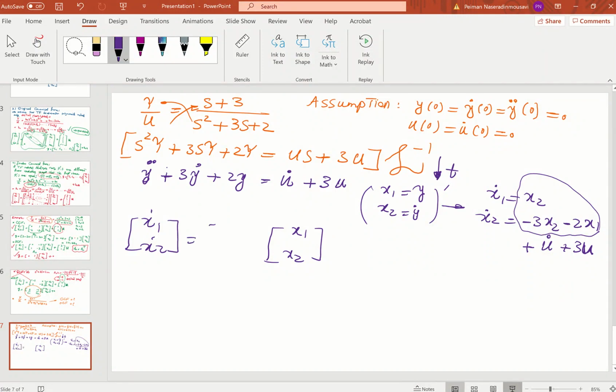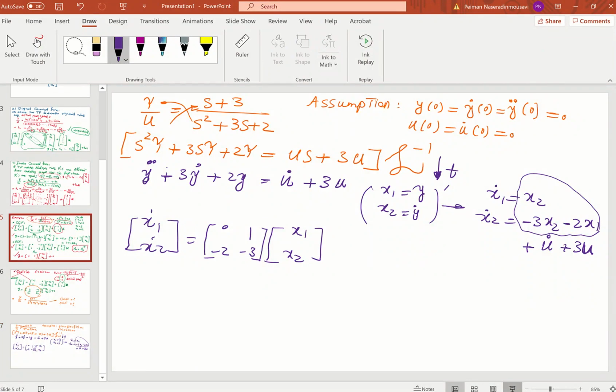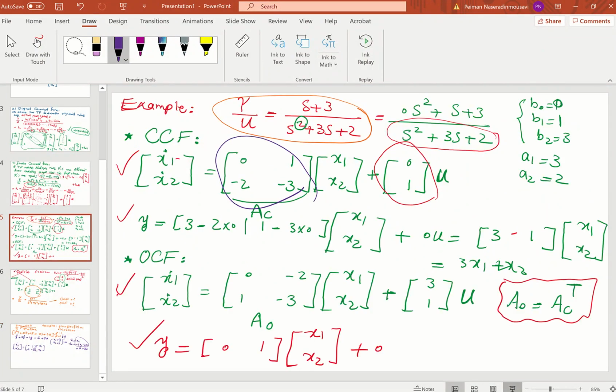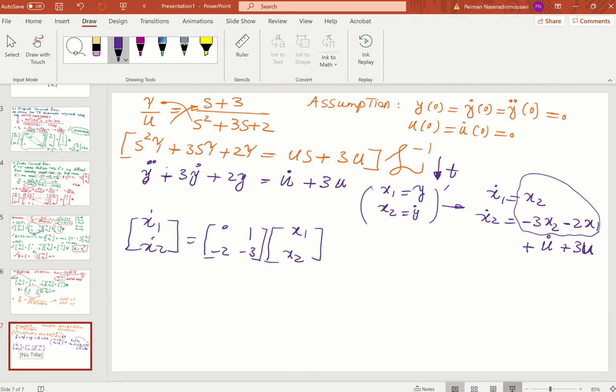See, x1, x2. So the first line is 0, 1. The second line is minus 2, minus 3. This part gives you this. Now let us look at our example. This is the controllable canonical form. That's right? Understand? So it comes from here.